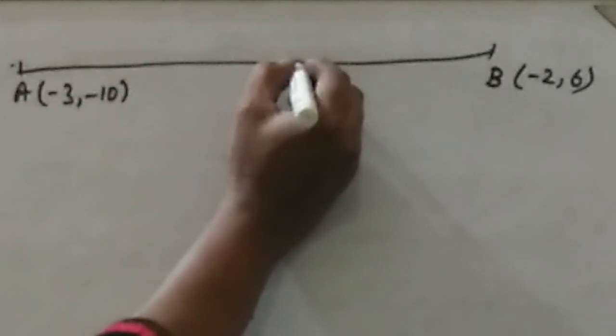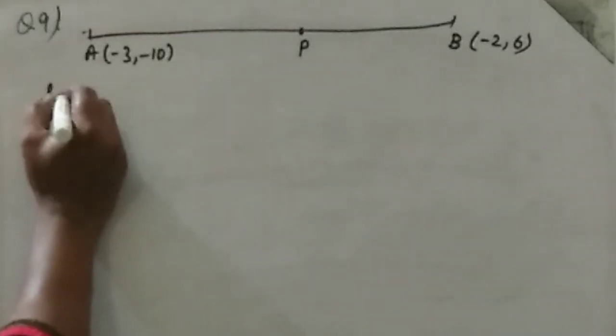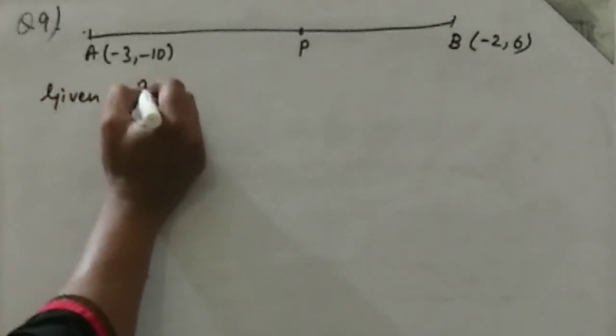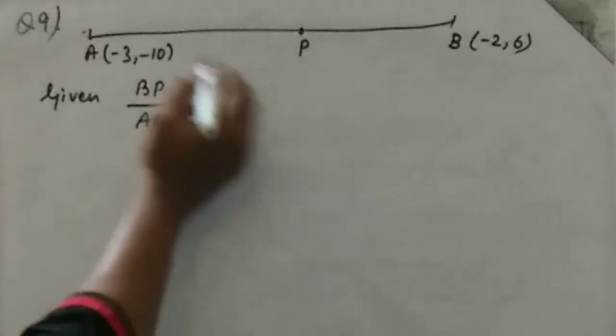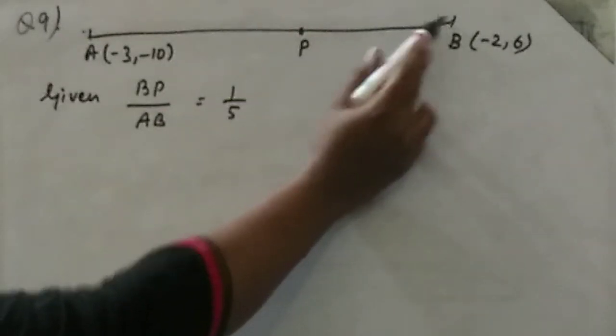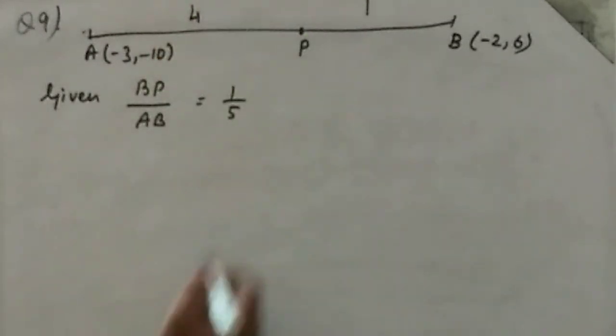It is divided by a point P. Given BP upon AB is equal to 1 upon 5. So AB is completely 5 and BP is 1, so you will get 1 and 4. Understood?